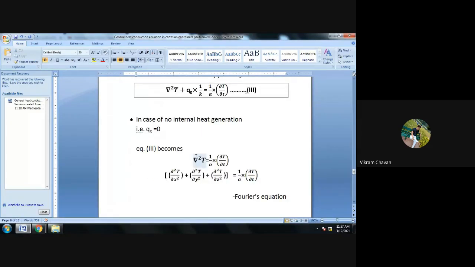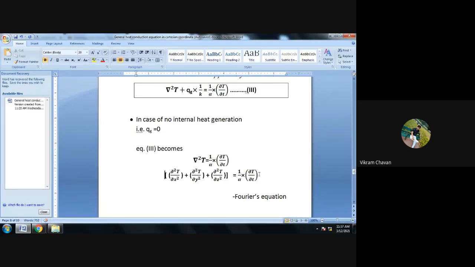If you write this equation in an enlarged form, where we have removed the del square operator for the T, then we can write the equation in a general format as dabba 2T divided by dabba x square plus dabba 2T divided by dabba y square plus dabba 2T divided by dabba z square is equal to 1 upon alpha multiplied by dabba T divided by dabba small t.